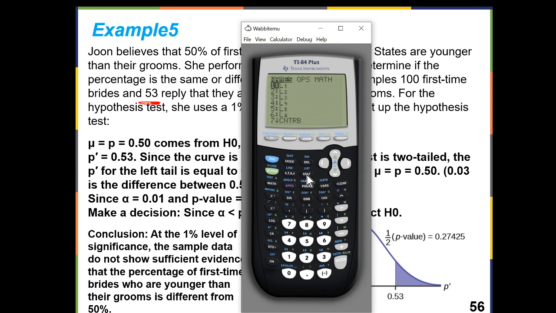So let me do it again. So 1 proportion z-test, and I'm going to draw. So this is the p-value. The calculator doesn't draw the rejection region. It calculates the p-value for you. And the p-value is 0.55. So from there, the calculator doesn't make the decision for you. You have to use the idea that if the p-value is less than alpha, you reject.